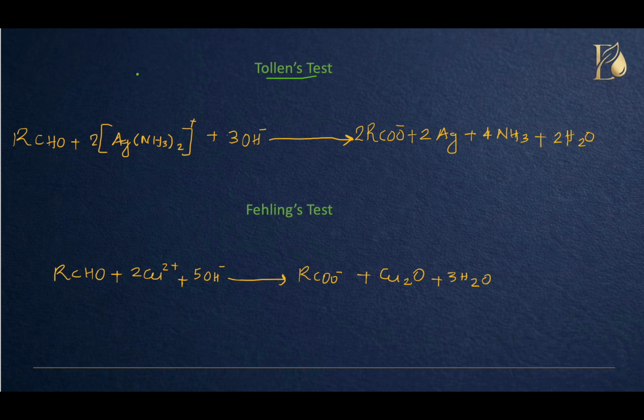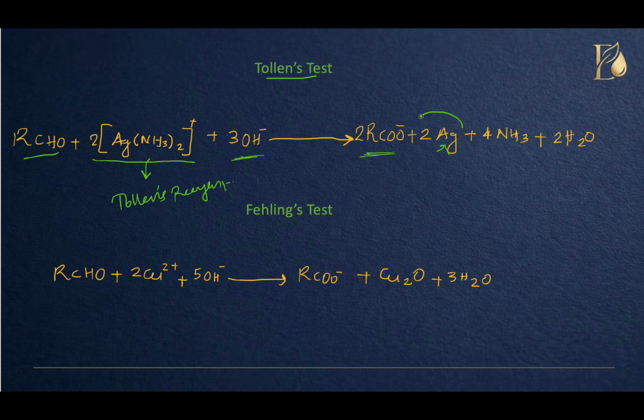Now what is the chemistry behind this, and why are the silver mirror and the brown precipitate forming? In Tollens test, when we are warming aldehyde with ammoniacal silver nitrate, the Tollens reagent, in a basic medium, it will oxidize aldehydes into carboxylic acid. At the same time, the silver in the Tollens reagent will get reduced into silver metal.